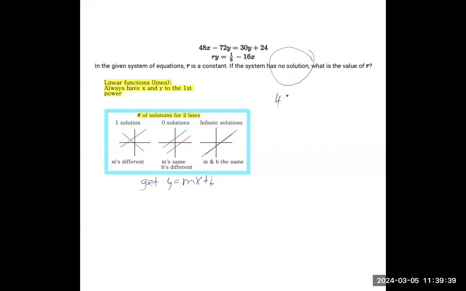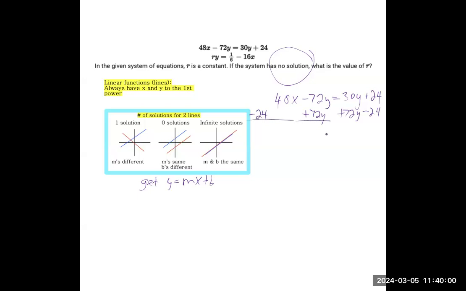So let's do that with the first equation, 48x minus 72y equals 30y plus 24. And the idea is to get y by itself on one side. So let's add 72y to both sides. And let's take away 24 from both sides.